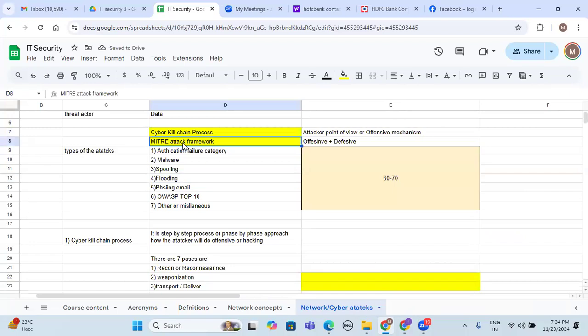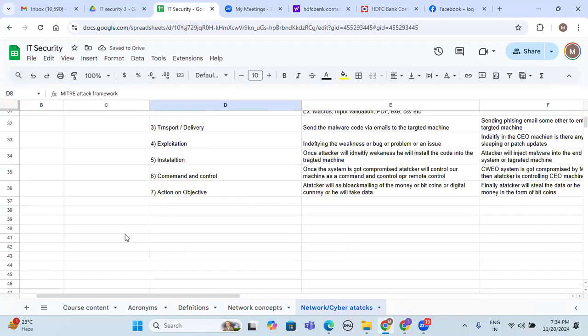Next one is the MITRE ATT&CK framework. What is this MITRE? A couple of people call it MITRE, and a couple of people call it MITRE ATT&CK framework.